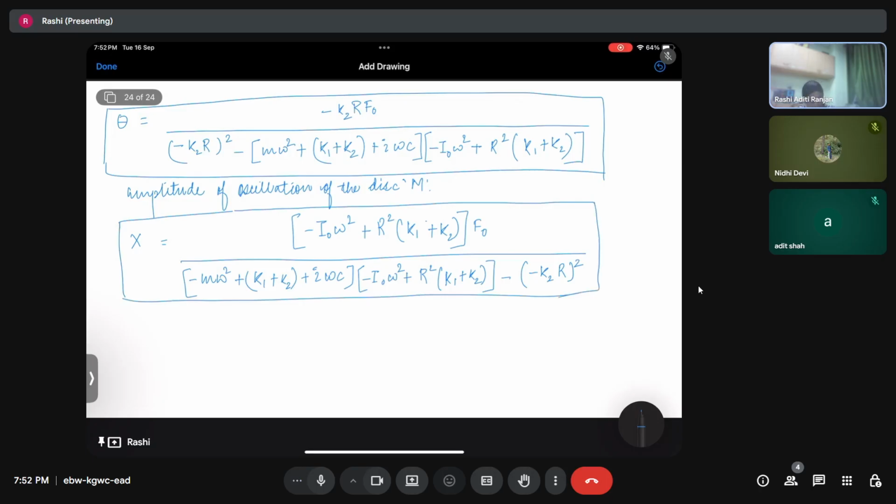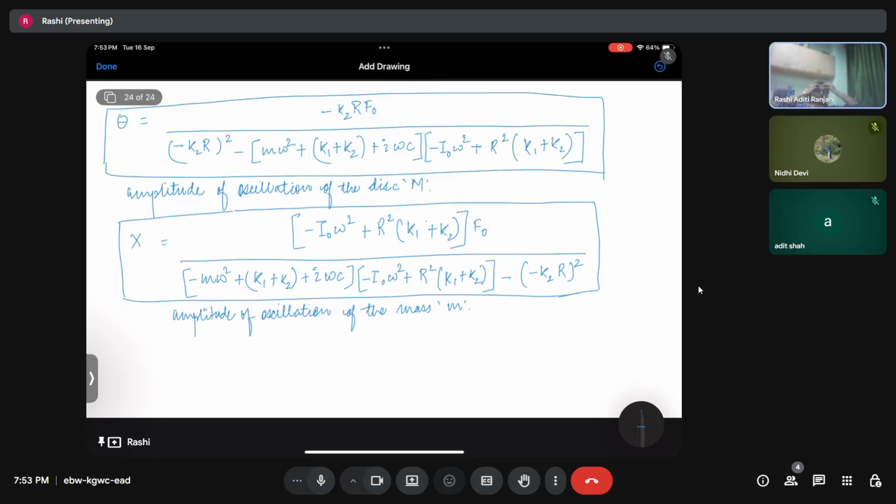So these are the amplitude of oscillation of the mass small m.